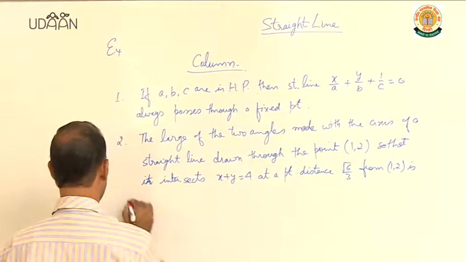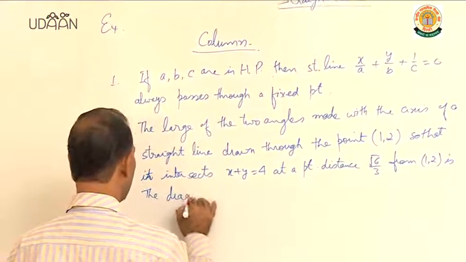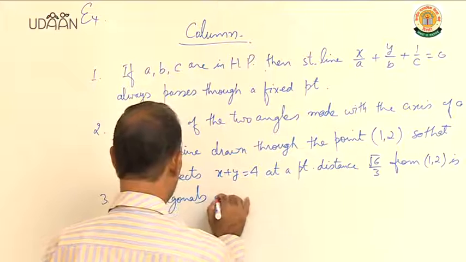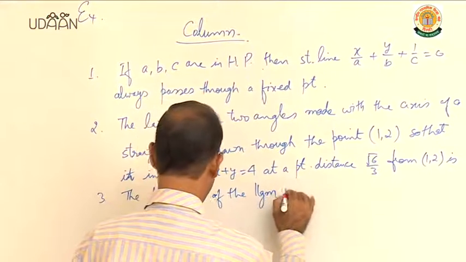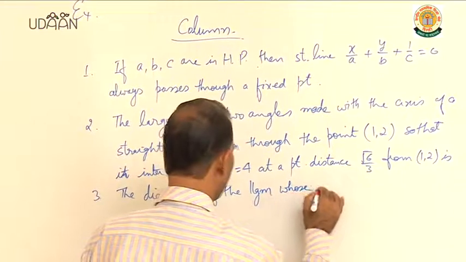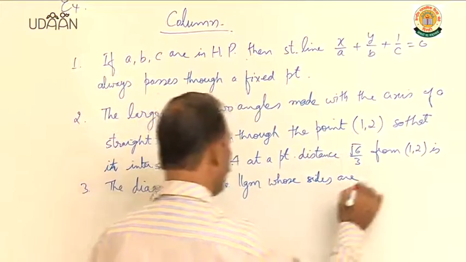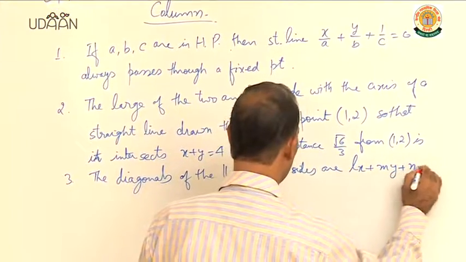Third is the diagonals of the parallelogram whose sides are given. Equation of the first side is Lx plus my plus n equal to 0.